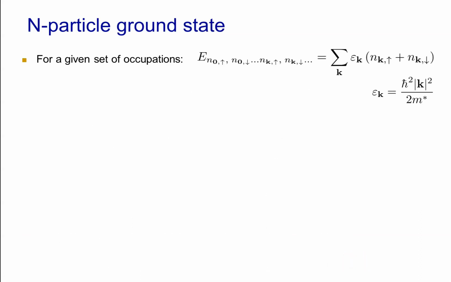All right, so let's talk about the ground state for this n particle system. So we now have the single particle states. They're labeled by this index k, a vector. So this vector runs from, say, k equals 0, right at the center of k space, right?